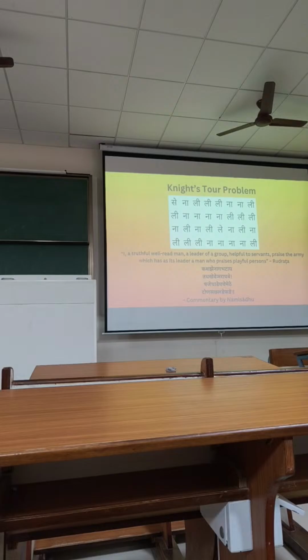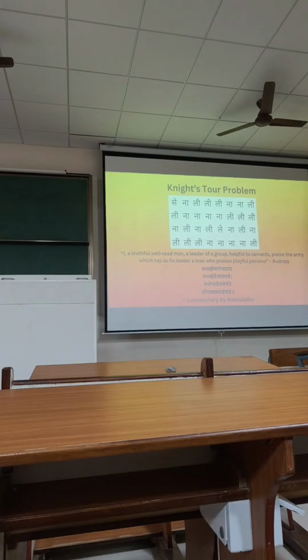Even in the West, it was solved by many people. So the idea is, in 3 cross 3 it's not possible only because you cannot reach the central position. Say we go to 4 cross 4. I hope everybody got the idea, right? So say I start from here. From here I went over here. Then from here I went over here. Then over here.